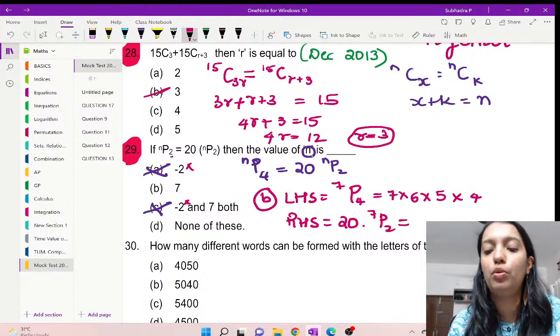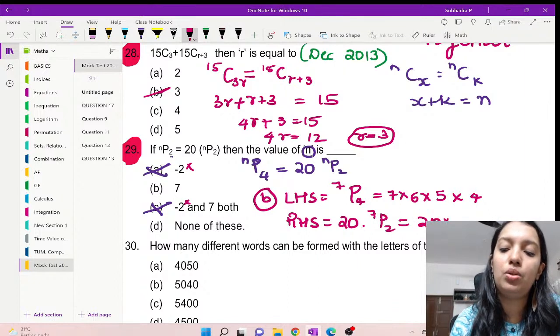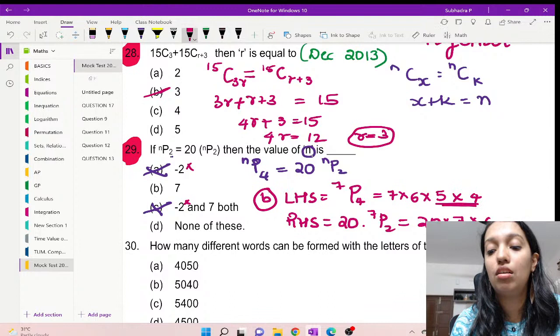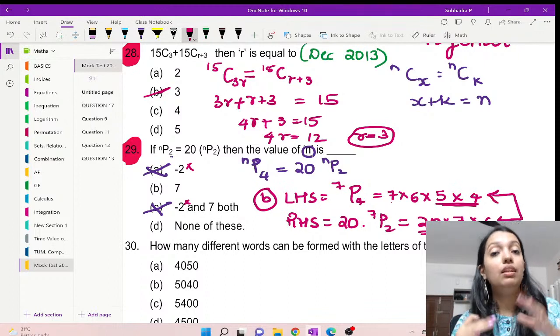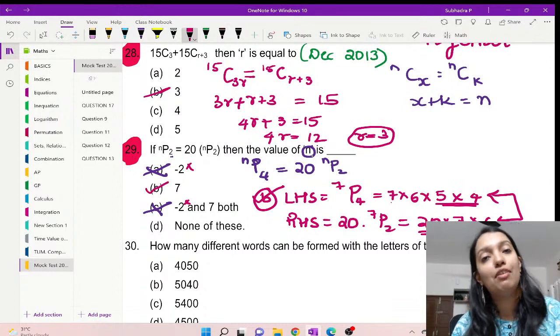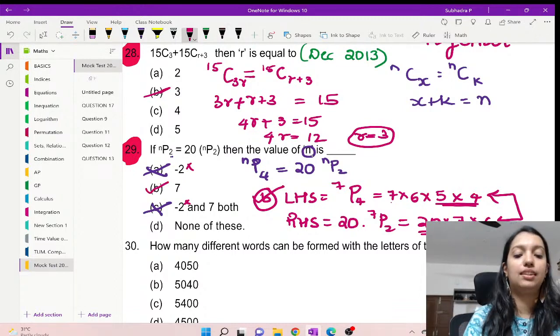What is the 7P2 value? 20 into 7 into 6. What is 5 fours? 20. Here also 20. 7 into 6, 7 into 6. Isn't LHS and RHS equal? The equation is getting satisfied. That means the correct answer is option B, which is 7. Next.